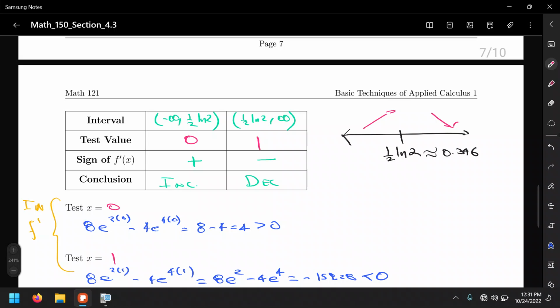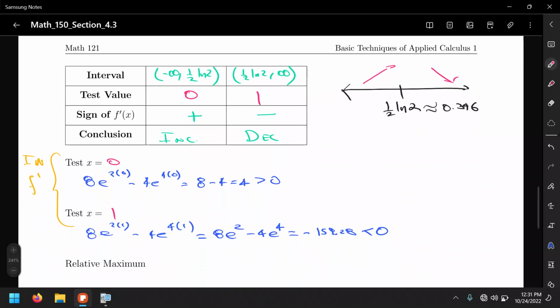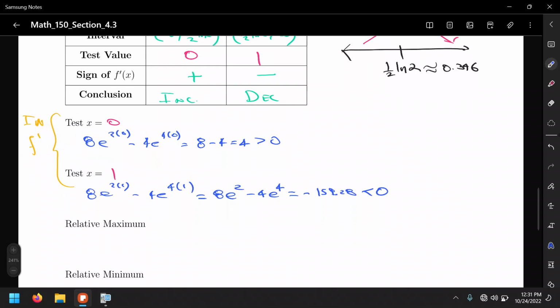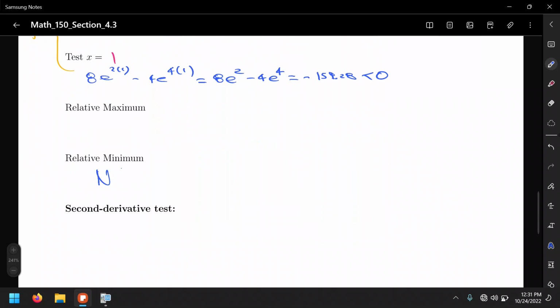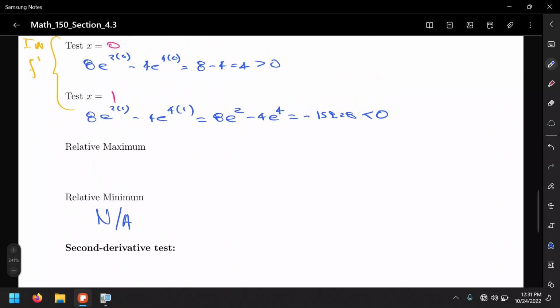Yes, there's going to be a maximum because we're going up the hill and then down the hill. That means we are reaching a maximum value. We don't have any minimums, NA.